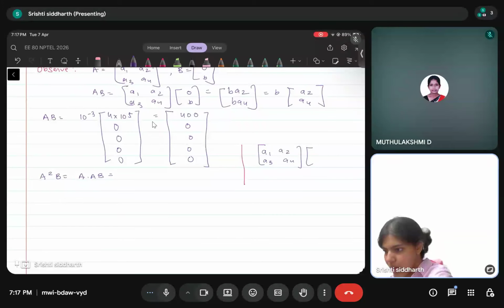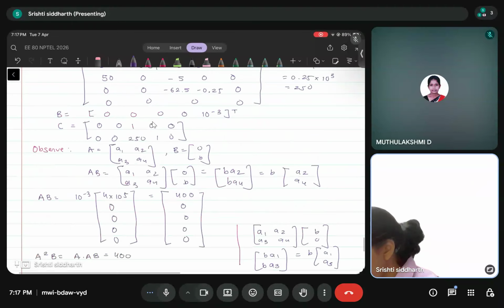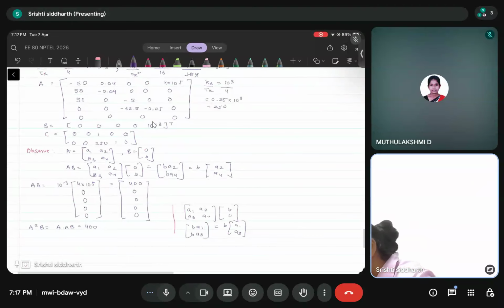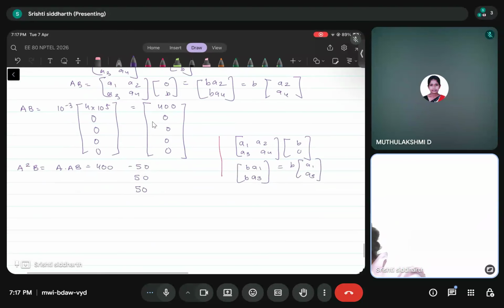We have B0, B times A1 and B times A3. So it's the first column of A times B. So this is 400 times the first column of A. This is minus 50, 50, and then two zeros.